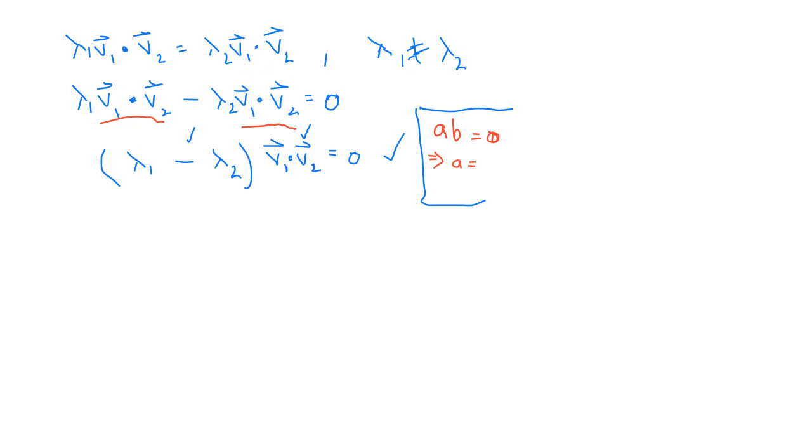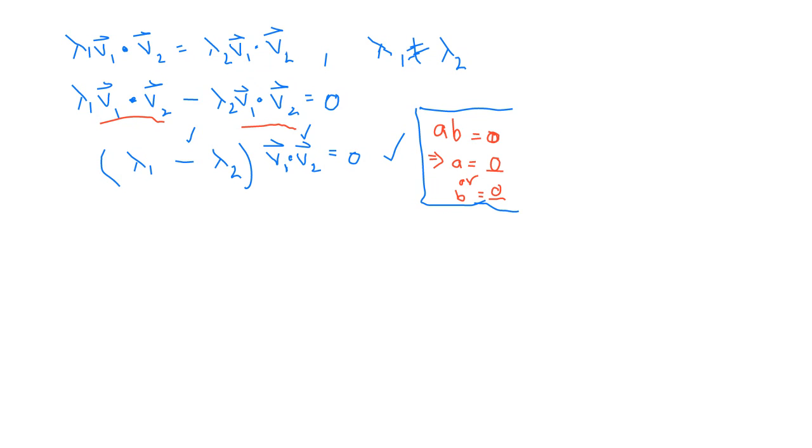A equals something or B equals something. What do we put there? If a product A times B equals 0, then either A equals blank or B equals blank. What are we going to put there? Zero. That's right, Haley.